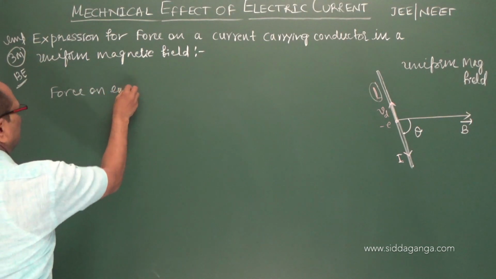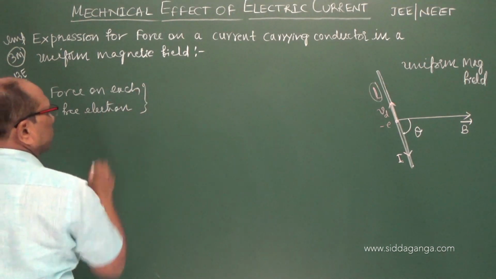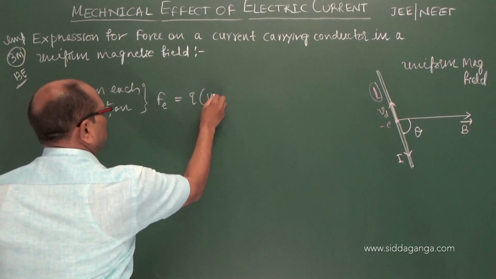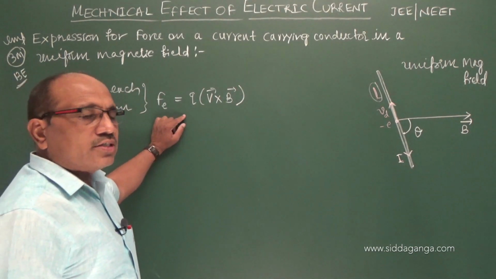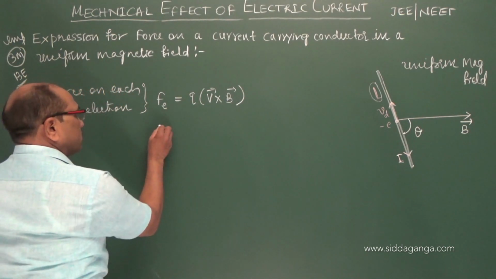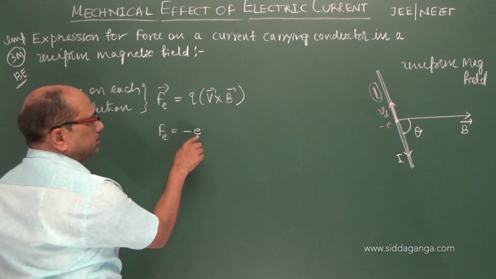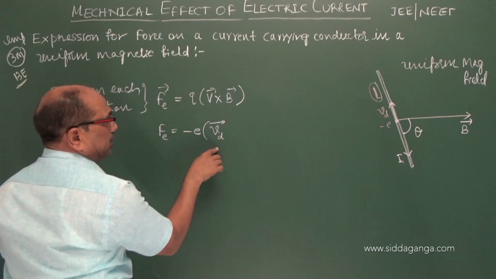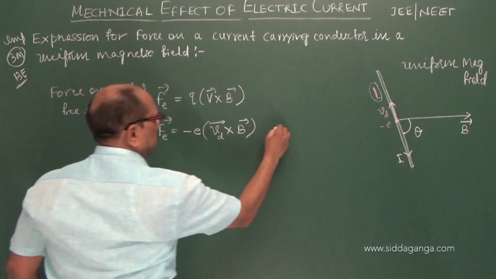Force on each free electron of the conductor is given by the relation Q into V cross B. In the last chapter we discussed that a moving charge experiences a force. So this charge is nothing but minus e, where e is the electron charge, negative. Instead of V, I am writing the drift velocity of the electrons Vd, so force is minus e Vd cross B. This is equation 1.